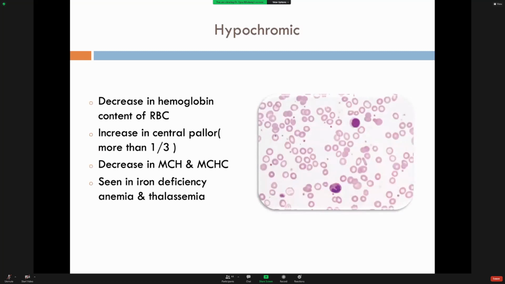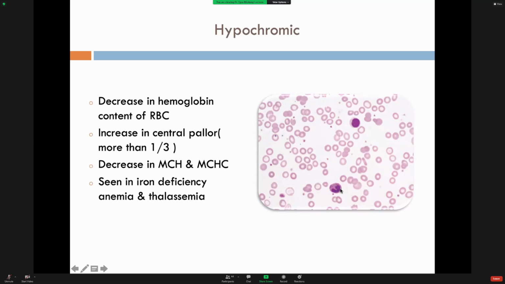Hypochromic: you can look at decreased hemoglobin content of red blood cells. You can see it, this is hypochromia. You can see the difference between the white area and the red area. The white is wider and larger than the red area. This goes with hypochromia. This is the lymphocyte. These are the different platelets.